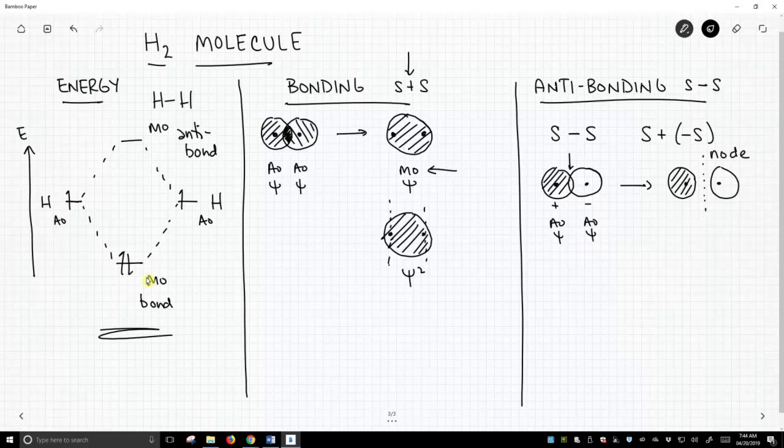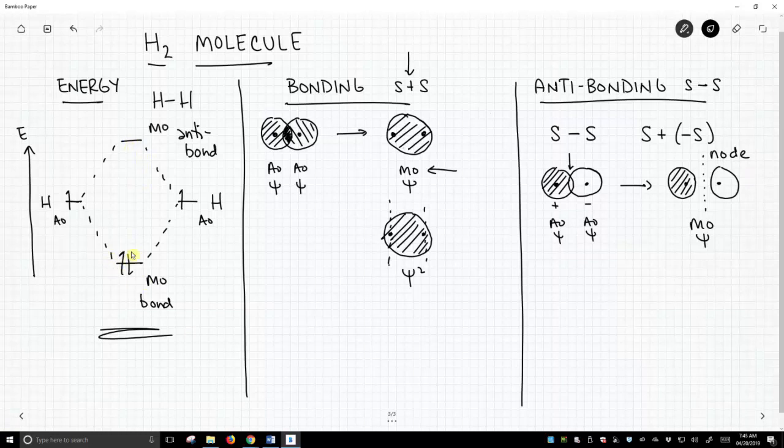And so here is our molecular orbital. We've sketched out the wave function. Note, when we mix two atomic orbitals, we have one way of mixing them and a second way of mixing them, and we get two molecular orbitals. We saw that in our energy picture: one molecular orbital antibonding and one bonding.